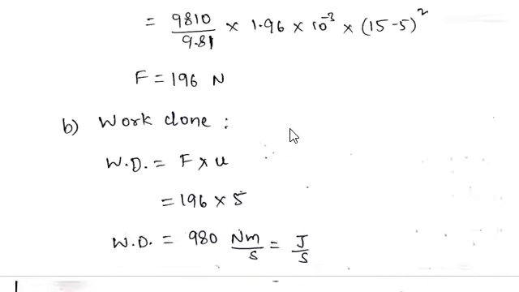The velocity here means the velocity of the plate. The force we got in the previous step is 196 newtons, and the velocity of the plate is given as 5 meters per second. When you substitute and simplify, we get work done per unit time as 980. Work done means newton meter, per time means seconds, so newton meter per second, joules per second, or watts anyway.